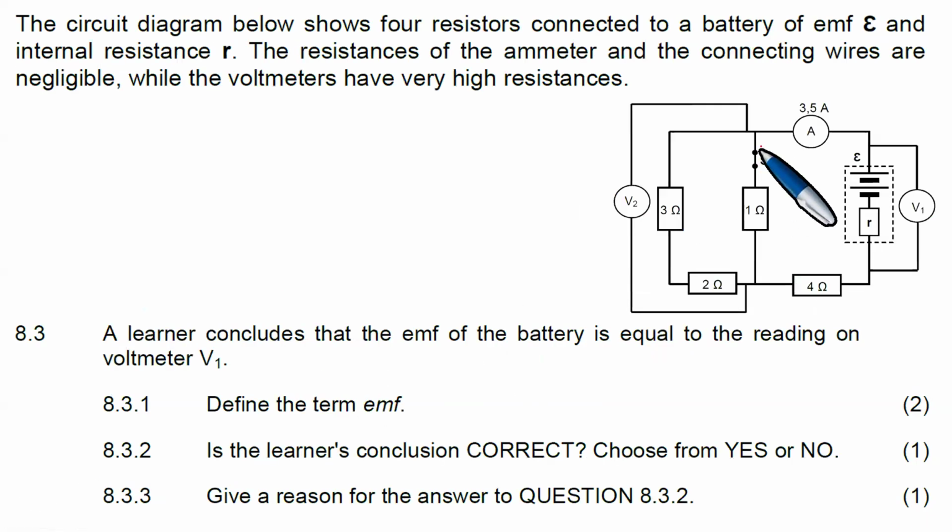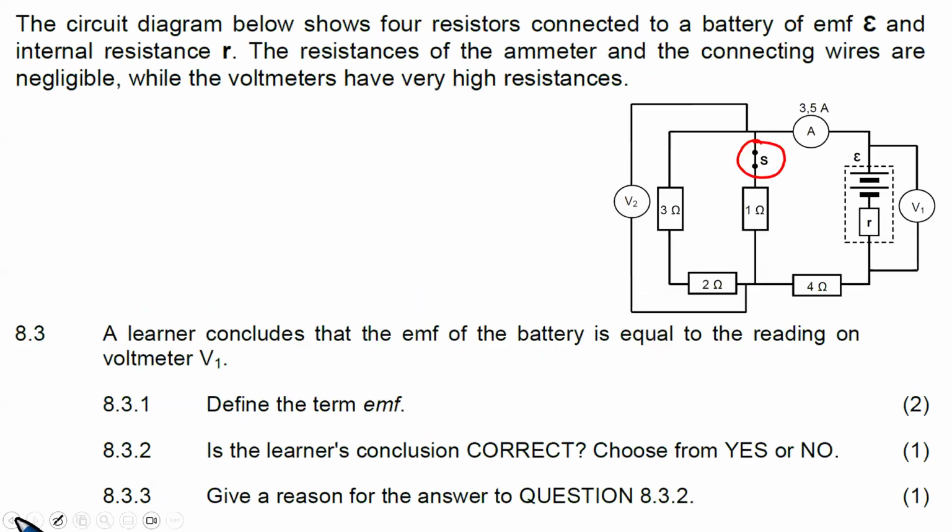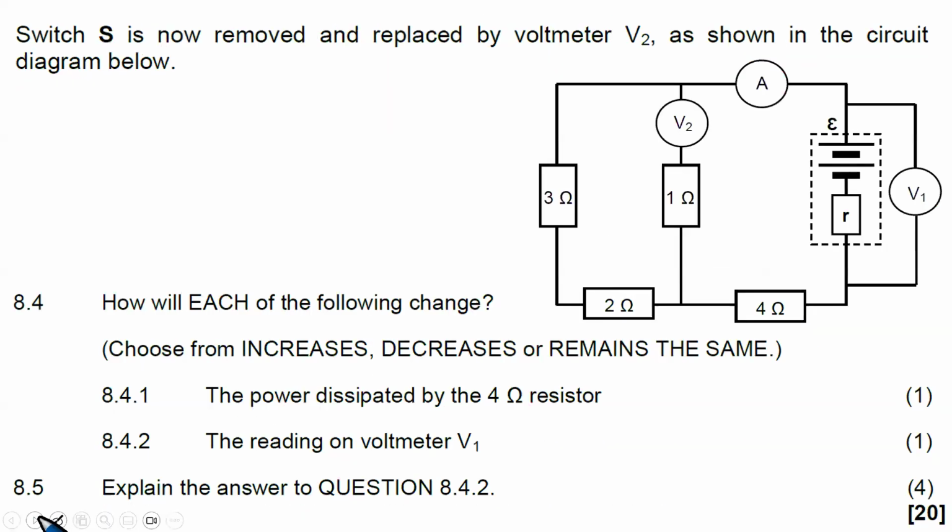It was just above the 1 ohm resistor, but now it has been removed and replaced by voltmeter V2. V2 has been put here, as shown in the second diagram.